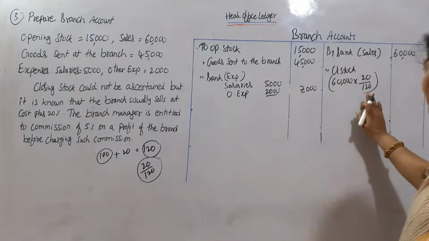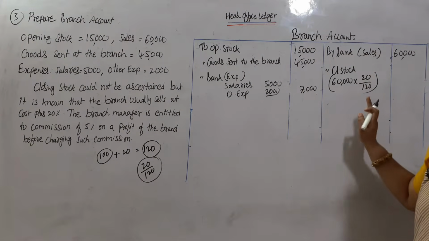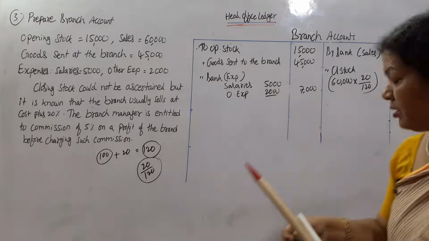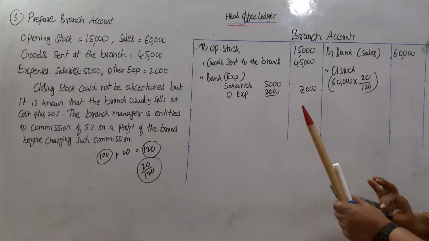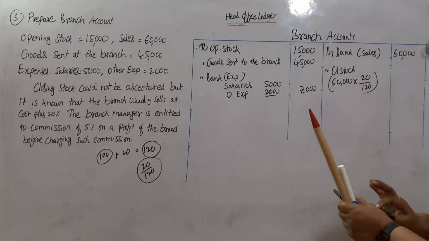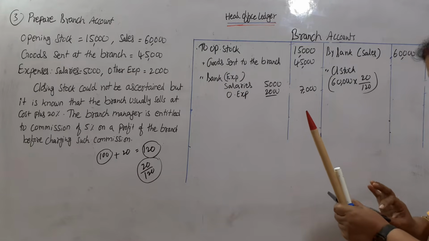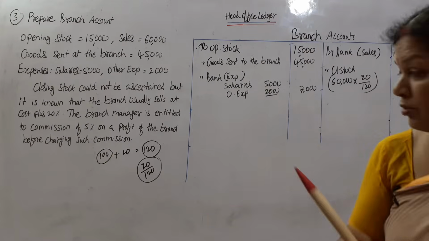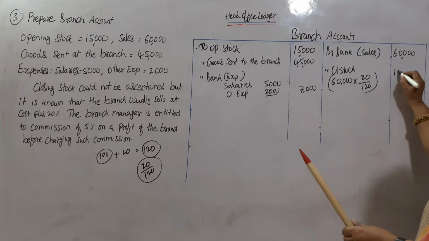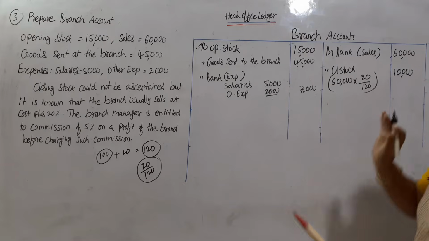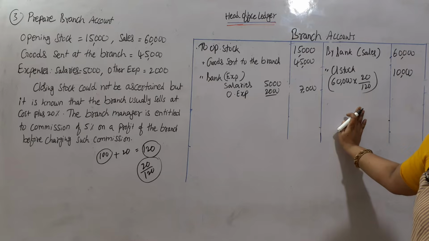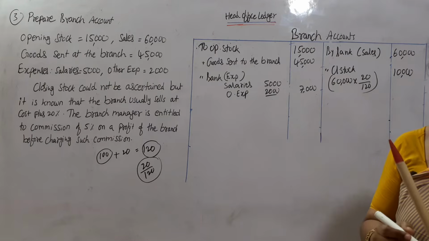So that is 60,000 into 20 divided by 120. It is coming to 10,000. So 10,000 is the closing stock. We have calculated this. Am I clear about this point? If it is clear, we'll go further.